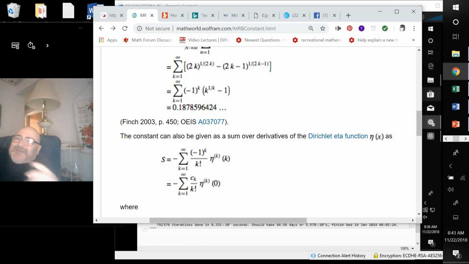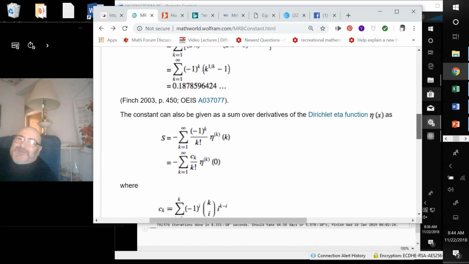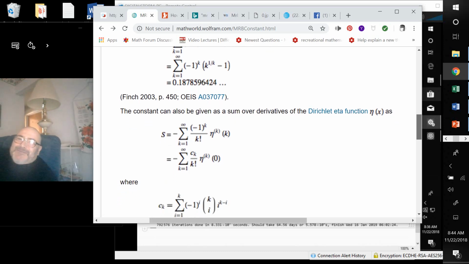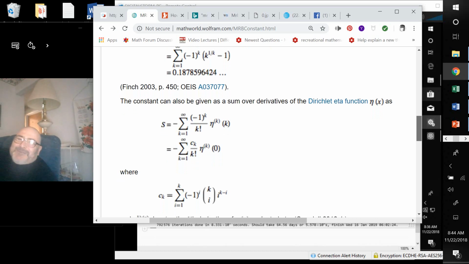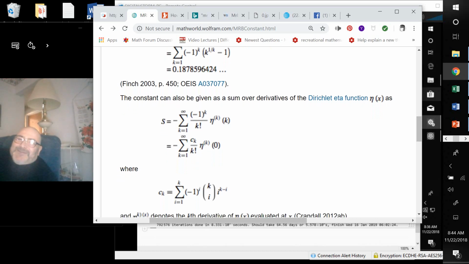That was discovered by the late Richard Crandall, a chief scientist and Apple chief cryptographer. I'm not sure what that has to do with cryptography, but somehow he got interested in it. And I'm happy he did, because he found that new identity, which is an absolutely convergent series.